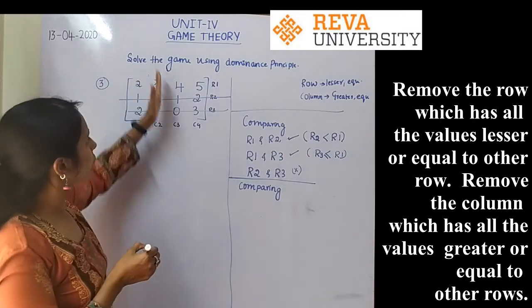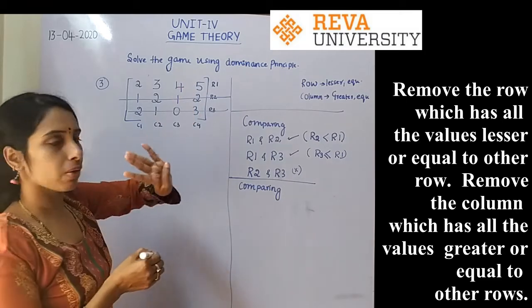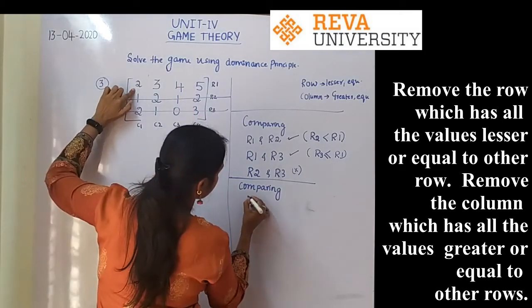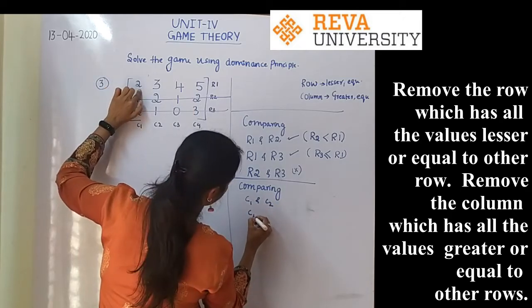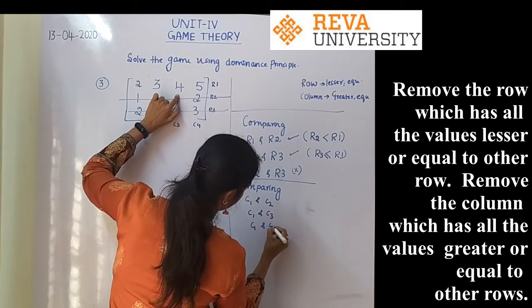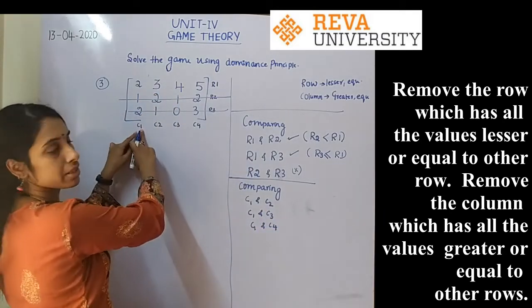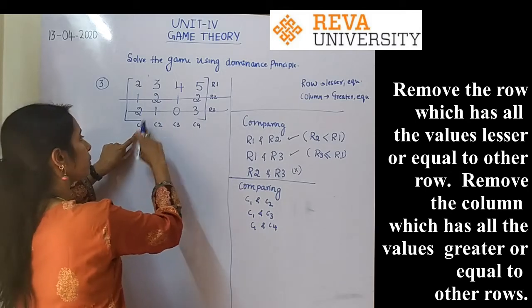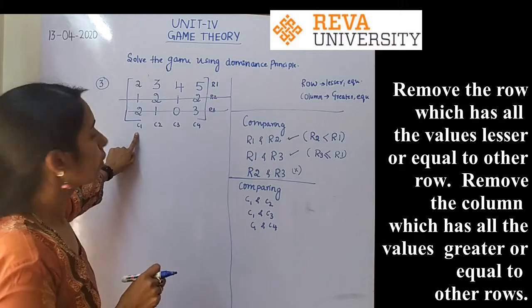So I can now go for column comparison because I have here 4 columns. C1 with C2, C1 with C3, C1 with C4. Okay, I'll start from C1. C1 I'll compare with C2. C1 I'll compare with C3. C1 I'll compare with C4.